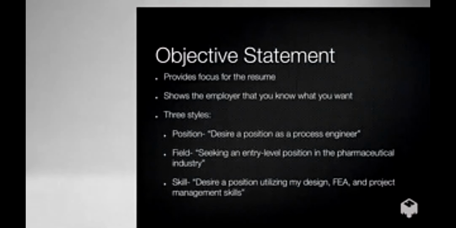And then finally, the other type of objective statement is that of skills. You're desiring a position that utilizes your design, FEA, and project management skills, okay? You could take this a step further and say, desire a position as a process engineer that utilizes my skills in Six Sigma and project management, okay? Something to keep in mind. You could also take this a step further and briefly describe your experience.